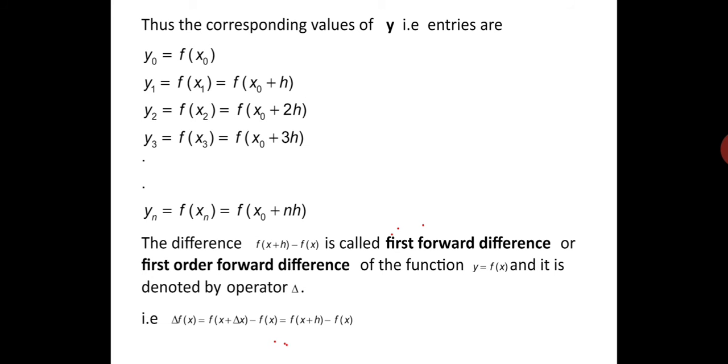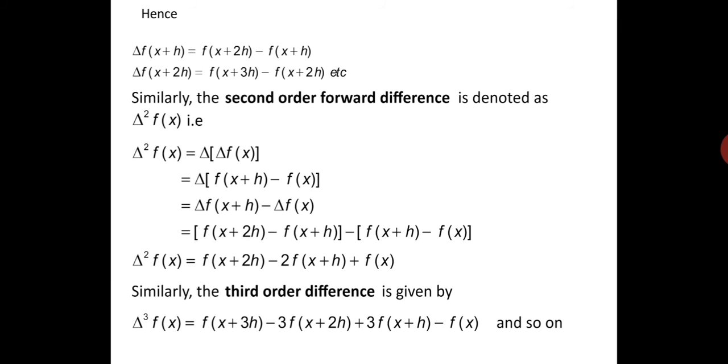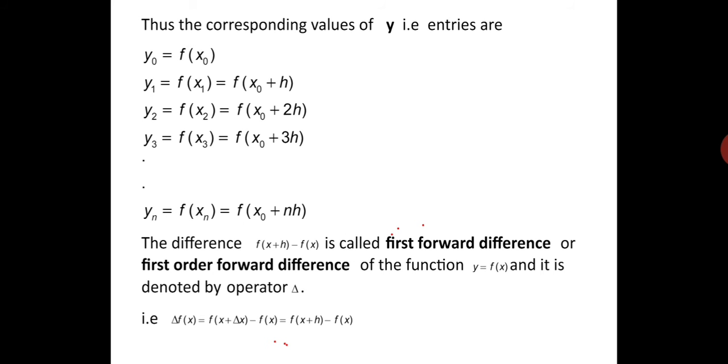Similarly, y3 can be written as f of x3, that is f of x0 plus 3h. If you go on writing like this, yn can be written as f of xn, that is f of x0 plus nh.